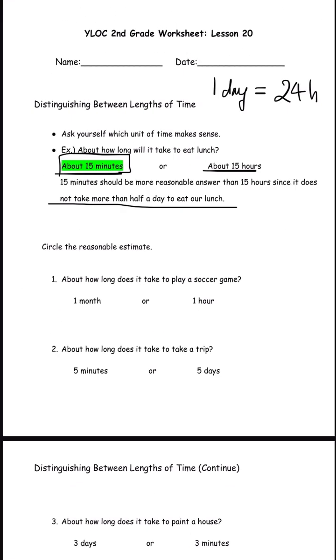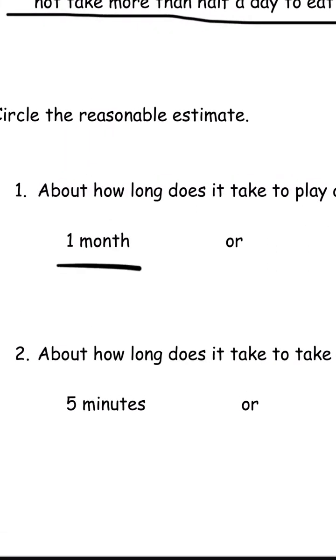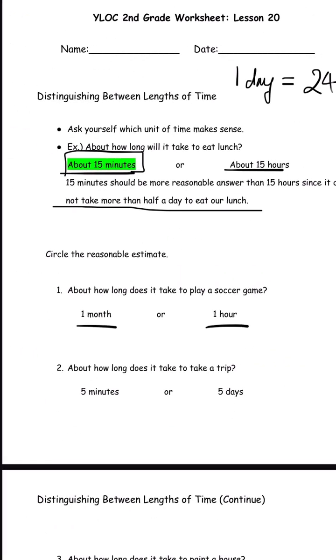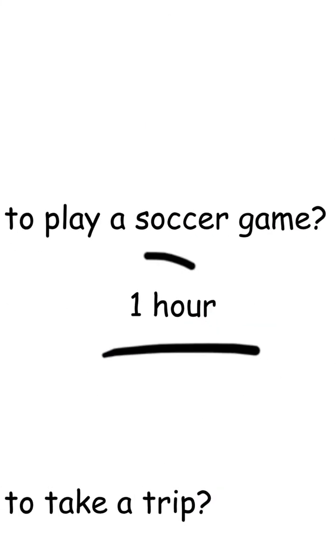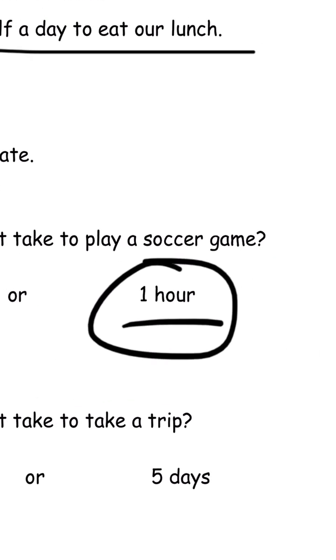Okay, then let's move on to number 1. We have to circle the reasonable estimate, and number 1 says, about how long does it take to play a soccer game? It says 1 month or 1 hour. So how long does it take? If you look at this, 1 hour would be more reasonable because you can't play soccer for 1 month straight without having a break, right?